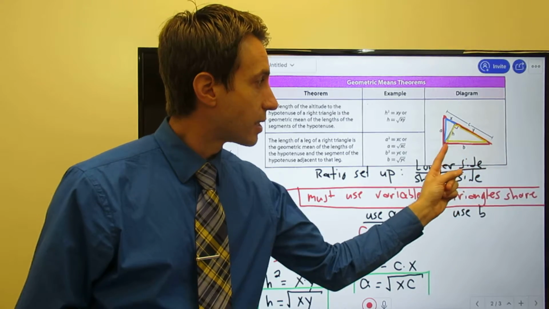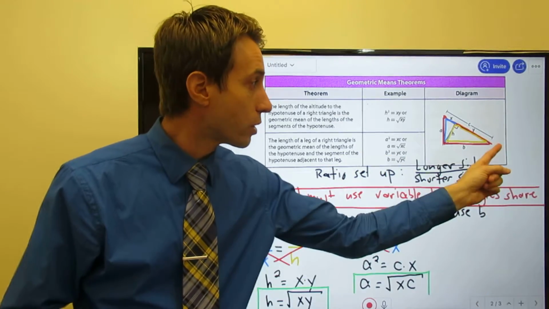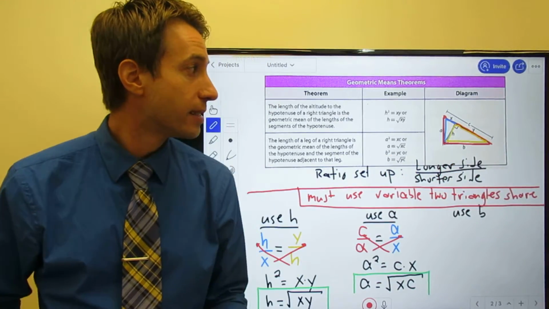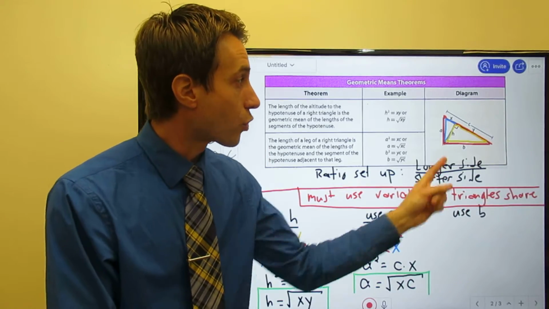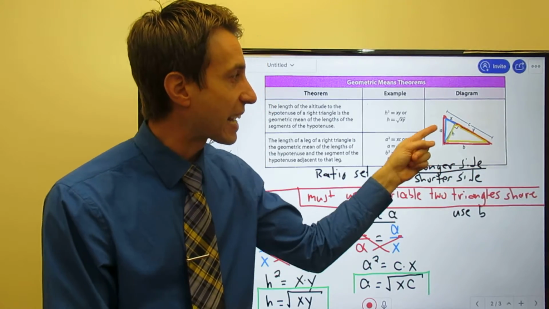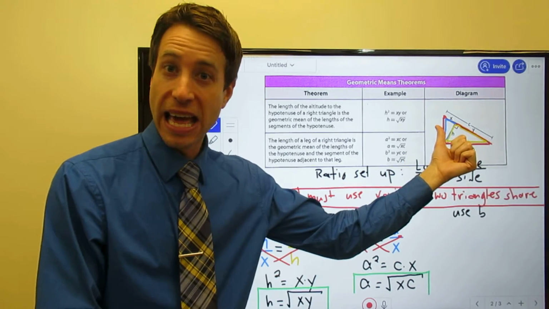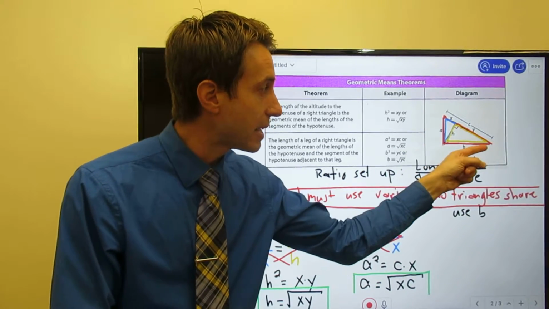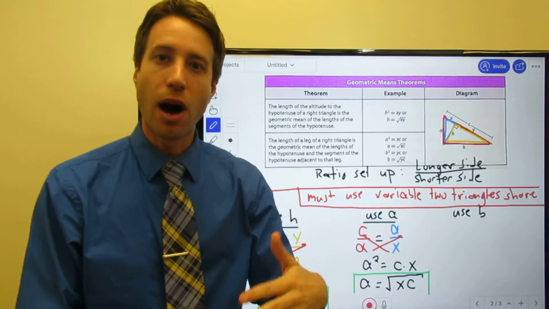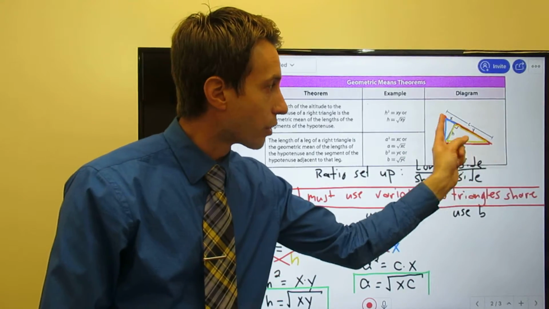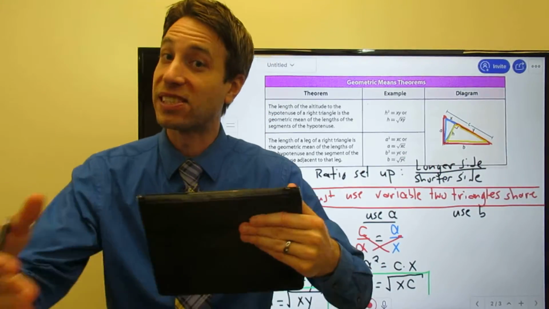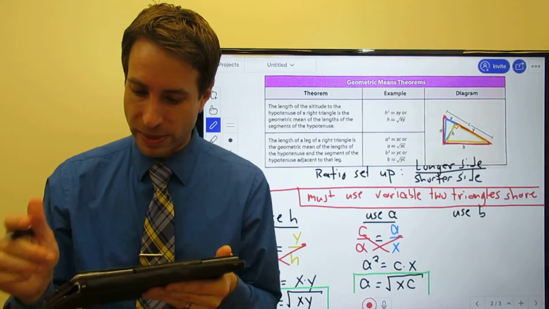Red triangle, side B, and then of course side C, because both of these triangles share this common side. I can't use A because the yellow triangle doesn't share side A. So we share side B, and then they both also somewhat share this other common side, although they're not the same length. The ratio will be the same.